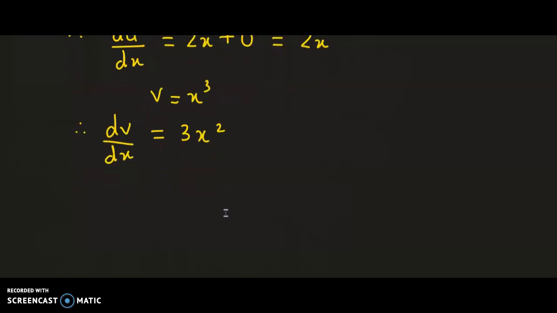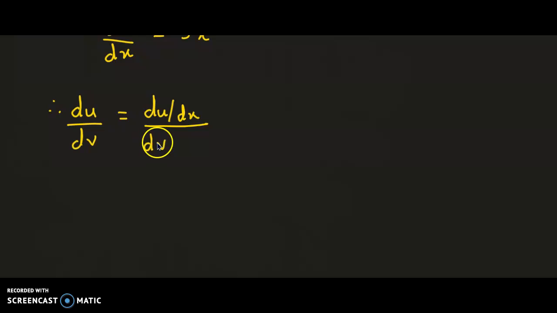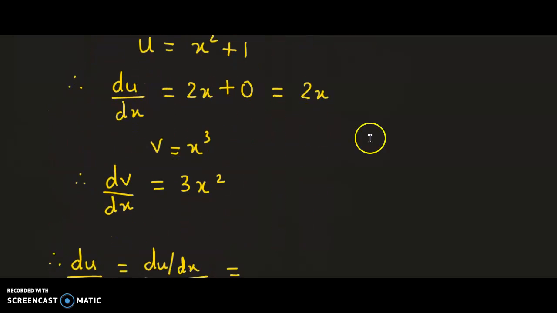And now we could easily obtain du by dv. So therefore we could say du by dv is equal to du by dx upon dv by dx. Now the derivative of u with respect to x was 2x and the derivative of v with respect to x is 3x squared.